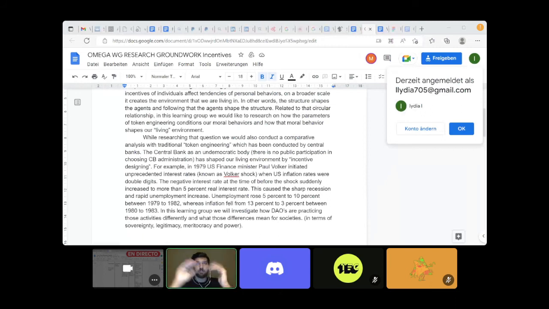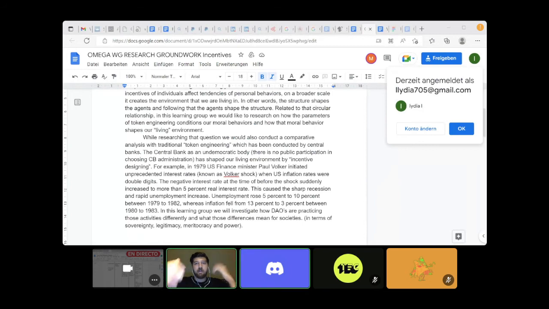For example, some protocols incentivize certain behaviors like staking or selling tokens. When you shape the incentives of a person, you shape the behaviors, and the behaviors of the community will actually create the society you are living in.